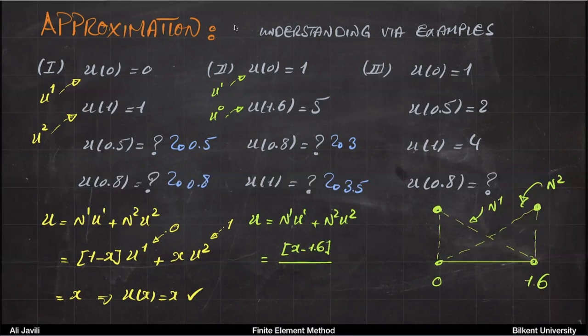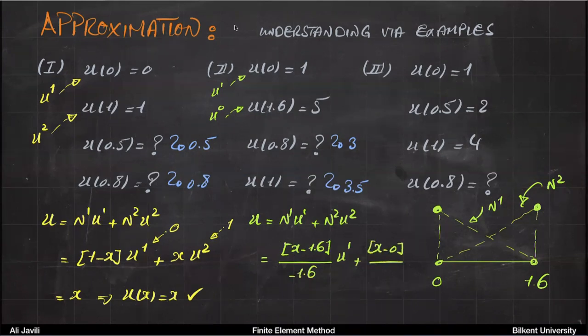So we need to also divide it by minus 1.6, basically. Then times u1, and u1 is just the value of u at point 0, which is 1 in this case, plus, now you construct n2, you do exactly the same thing. You want it to be 0 at 0, so x minus 0.